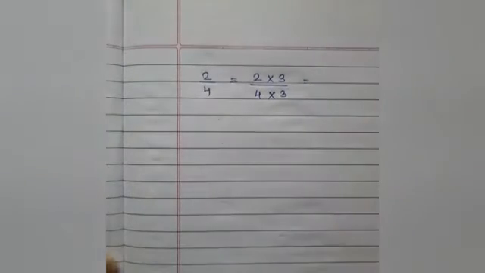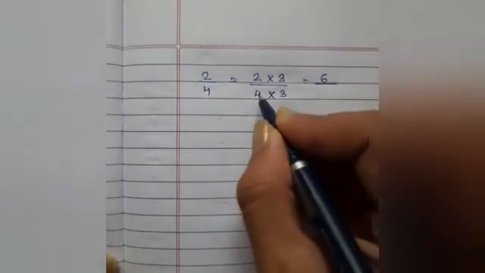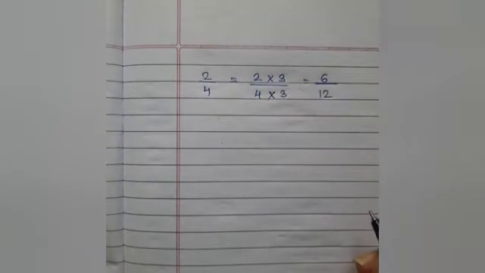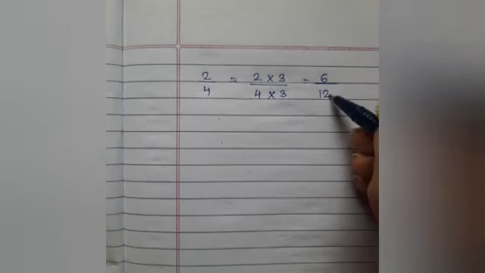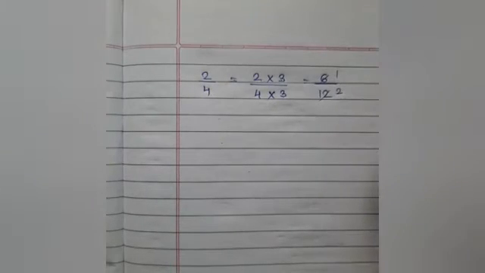So, the sum will be 2 into 3 is 6 and 4 into 3 is 12. Now, this fraction can again be divided further, as in 6 ones are 6, 6 twos are 12.